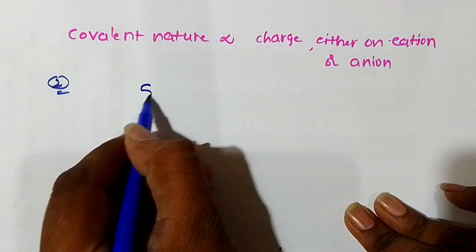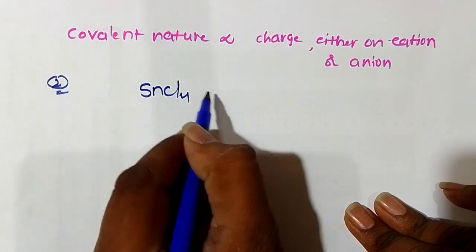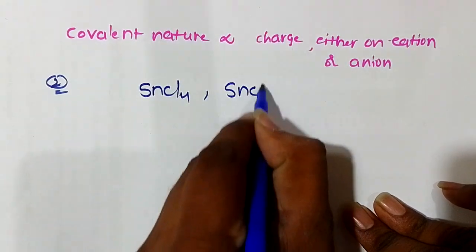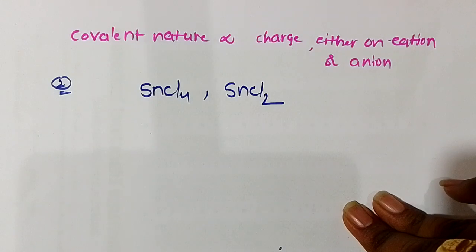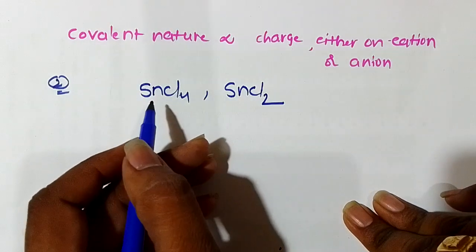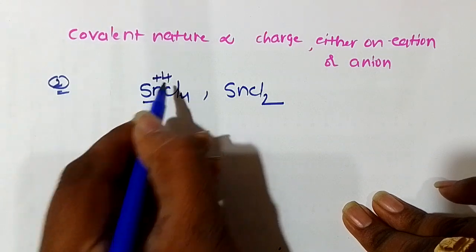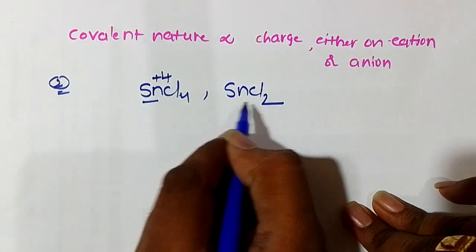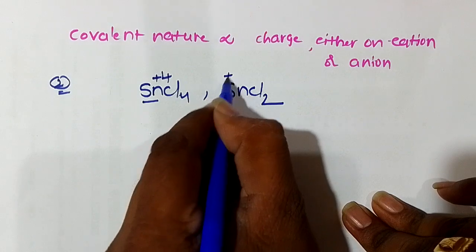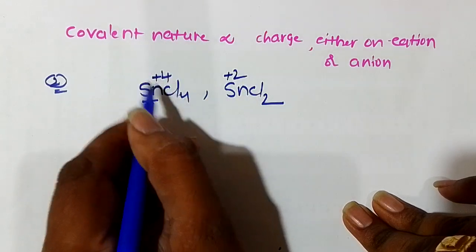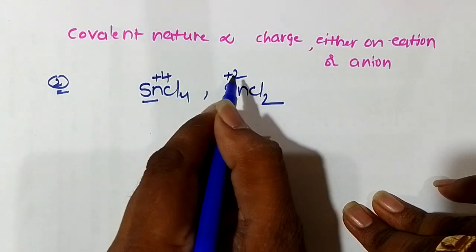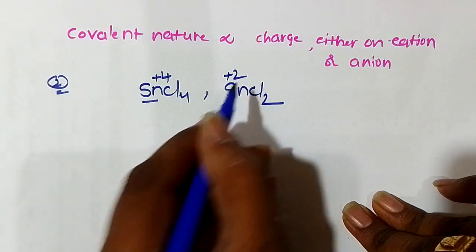For example, SnCl4 and SnCl2. What is the charge on tin? Already you know that it is +4. Here it is +2. Here the charge on tin is more, and the charge is less in SnCl2.